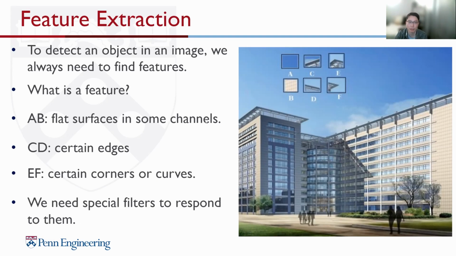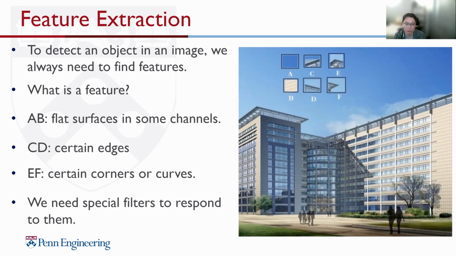For example, if we have a filter that's responding to an edge in this direction, then the output of the filter will be very high for this feature. And if the object you're trying to detect is a car, we know that it will have certain circles, that's wheels, so we can detect that.